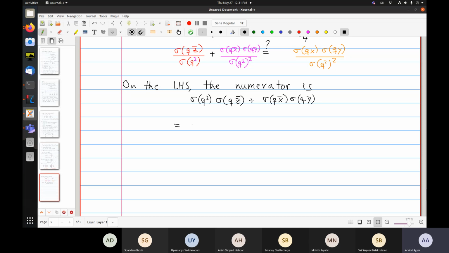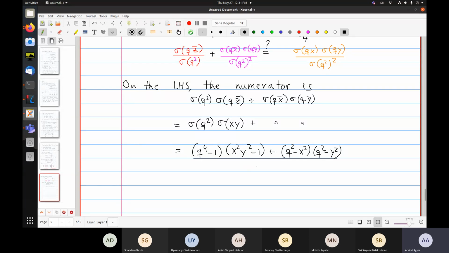So this is equal to sigma q squared sigma xy plus the same thing. Now let me simplify. So q to the 4 minus 1 times x squared y squared minus 1, plus q squared minus x squared times q squared minus y squared. Both of them have the same denominator, which is q squared x squared.